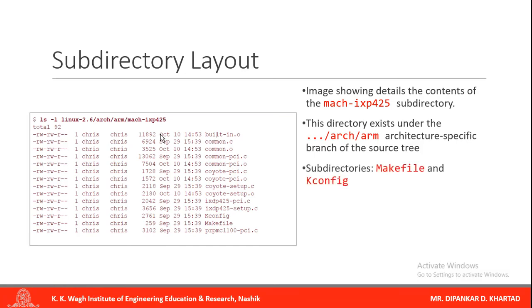The first ones are Makefile and Kconfig. These two files drive the kernel configuration and build process. These two files are very important as far as driving the kernel configuration and build process.